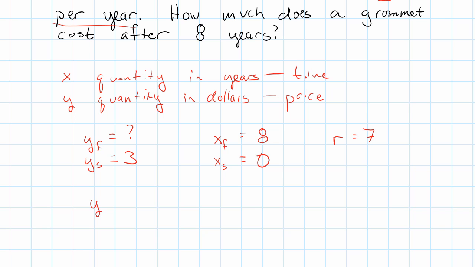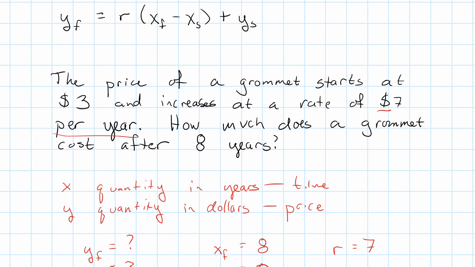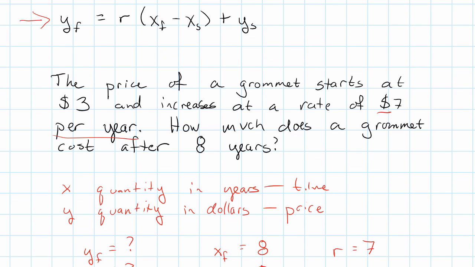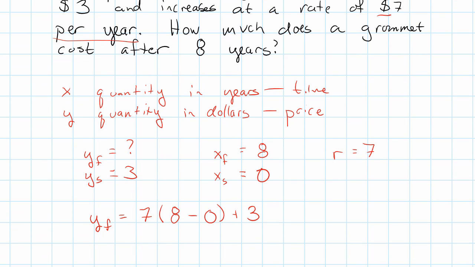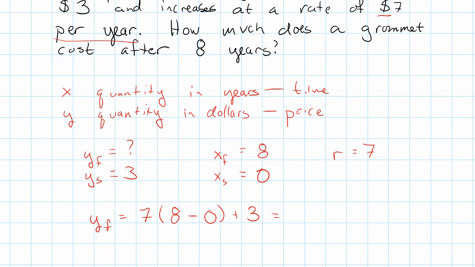So my final price is equal to my rate of change times my final time minus my starting time plus my starting price. That's just this formula with everything we know plugged in. This is just a matter of arithmetic, right? 8 minus 0 is 8. 7 times 8 is 56.